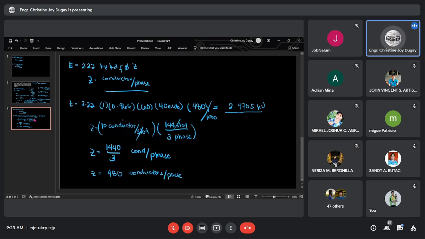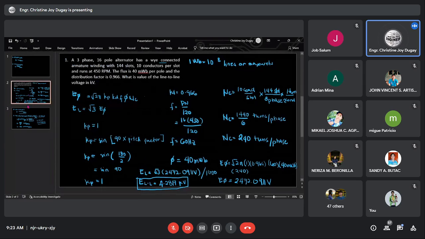So, halos the same din lang sila. So, E-line natin, multiply it by square root of 3 times E phase. So, that is equal to 4.2790 kV. Yan. So, halos exact din lang. Same din lang sila ng makukuha ninyong value.